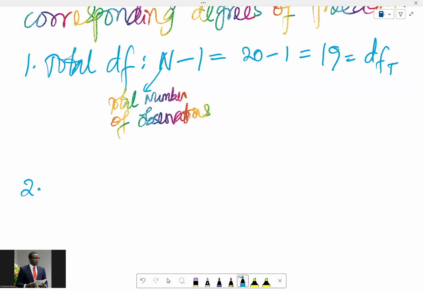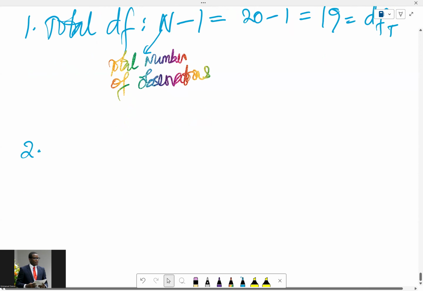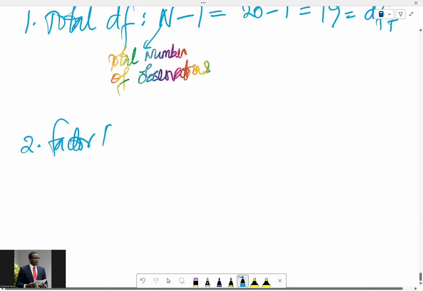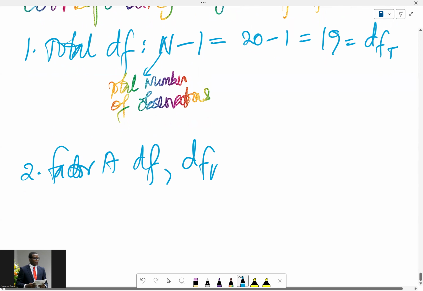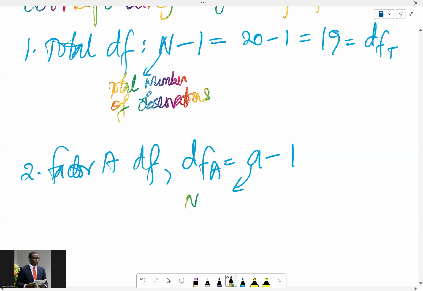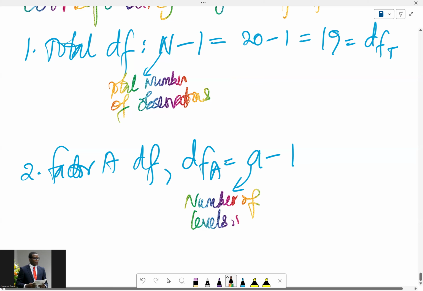So we can say factor A degree of freedom, which you can call DFA, and that is simply A minus 1. A is the number of levels in factor A. That's easy. A has just 2 levels, so we have 2 minus 1, so DFA is 1.